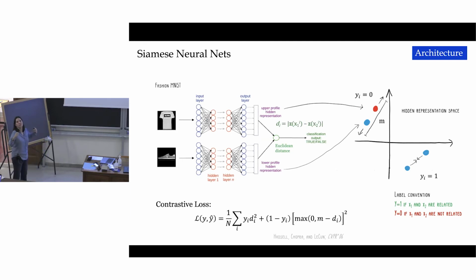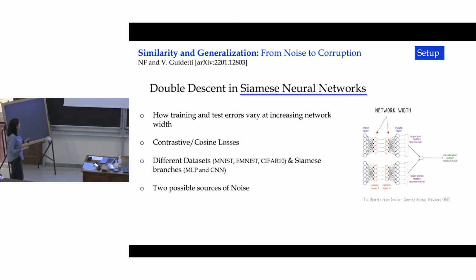I don't keep pushing forever. My margin is m. If they are separated in the hidden space by a distance larger than m, I classify them as different. I put a threshold there. It's very simple, and it works super well. That's kind of surprising also.